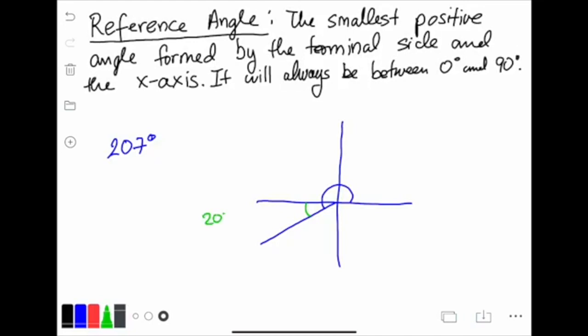All we need to do is 207 minus 180 degrees. Very easy. And therefore we get 27 degrees. Therefore, 27 degrees is the reference angle to 207 degrees. Now you may be asking yourself, what's the purpose of the reference angle? You will see a little bit later in this video why this is so important.